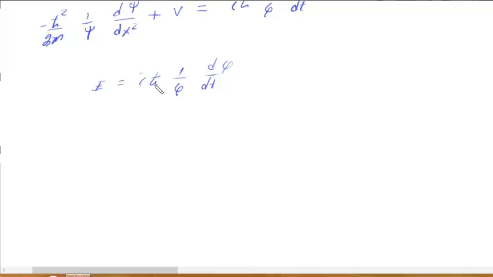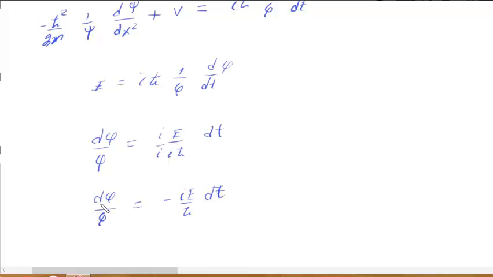Then we multiply and divide by i, so i square becomes minus 1, and d phi divided by phi is minus i E divided by h cut dt.